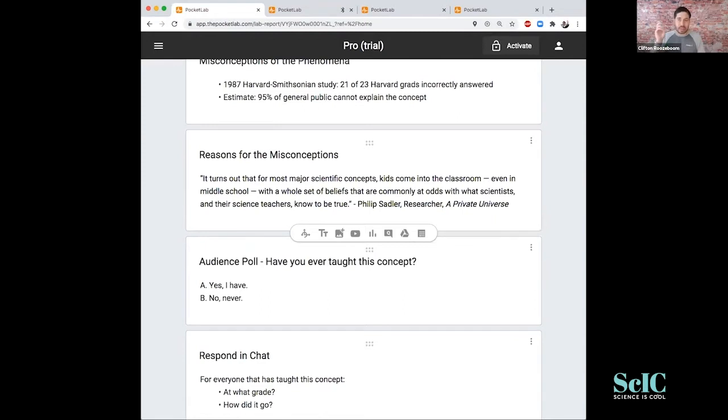So even elementary school, middle school students are coming in with pre-held concepts that we have to battle and correct as science educators. It starts maybe earlier than we would realize, that middle school students have a very pre-cemented idea of how some of the things in the world work.